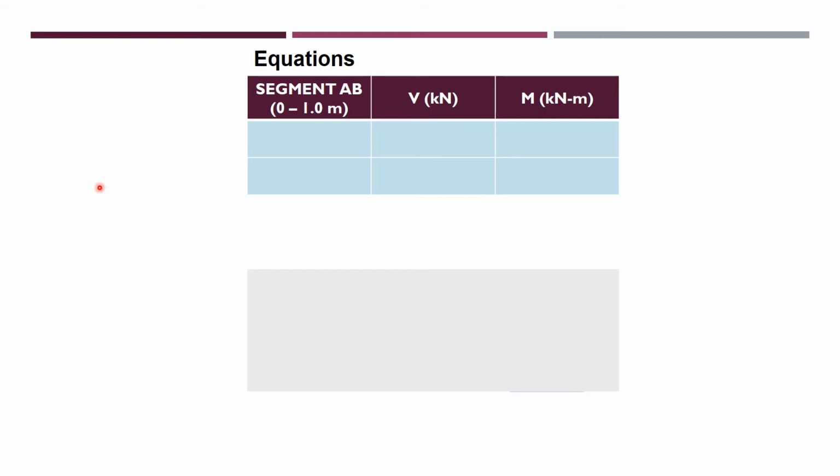So for segment AB, which is from 0 to 1, of course, ang ating equations ay ito, V equals 9 for the shear equation, M equals 9x for the moment equation. And since from end to end ng AB ang kukuhanin natin, of course, we have x equals 0 at x equals 1 na lang.